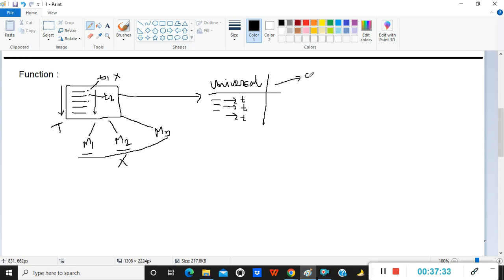This consideration will be taken for all algorithms. Currently we have three algorithms in our hand: A1, A2, and A3. This consideration will be applied to all of them. If this consideration is the same for all algorithms, then say this algorithm has a time complexity TC1, this has a time complexity TC2, and this has a time complexity TC3.